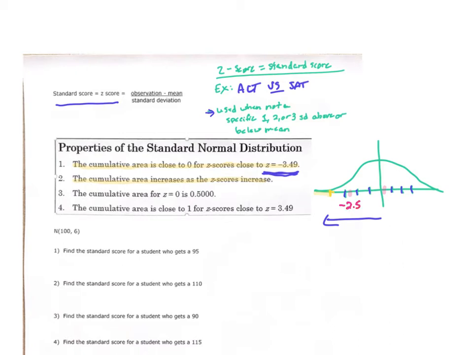And for this z-score of 0.5 up here, we're half a standard deviation above the mean. So if you think of this as a number line, clearly as the z-scores increase, our cumulative area would increase. Because the area from here and lower would be less than the cumulative area from here and lower. So that's what that's explaining.